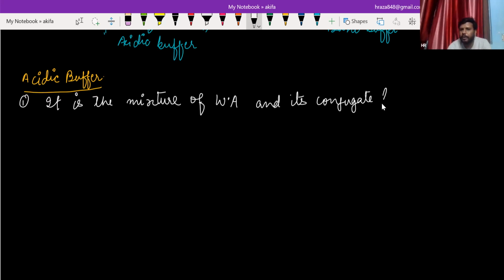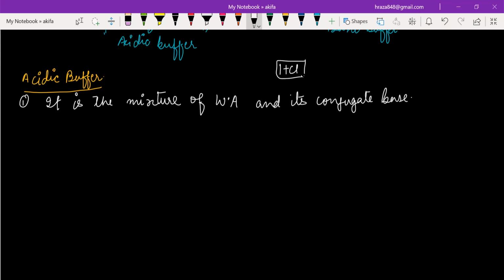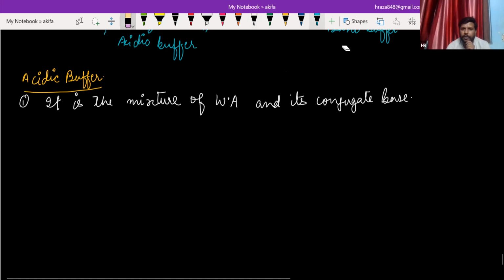Can you write conjugate base of an acid if I'm telling you that HCl? Can you write conjugate base of this? Yes or no? No. We have studied in Bronsted-Lowry concept that this is HCl and this is H2O.